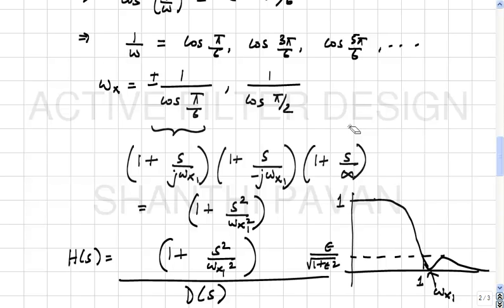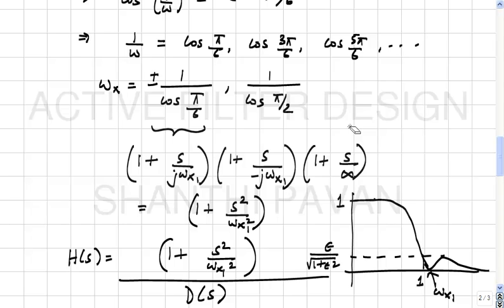And for those of you who have done your assignments, you will find that for the same attenuation spec, the order of the Butterworth required is much higher than the order of the Chebyshev, and the reason is that you are able to tolerate ripple in the pass band.